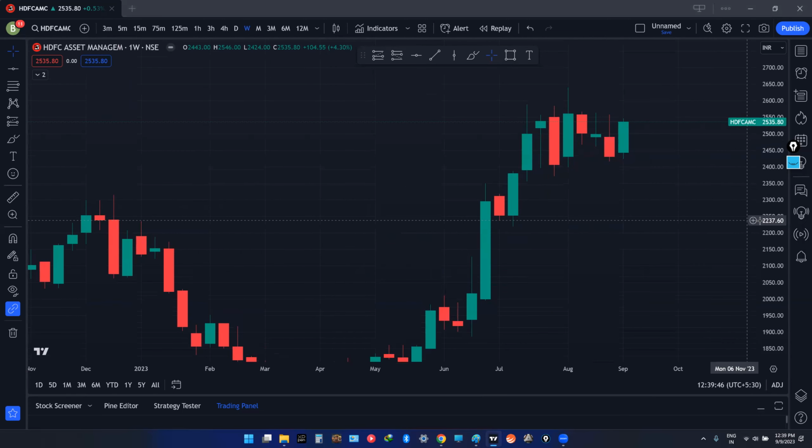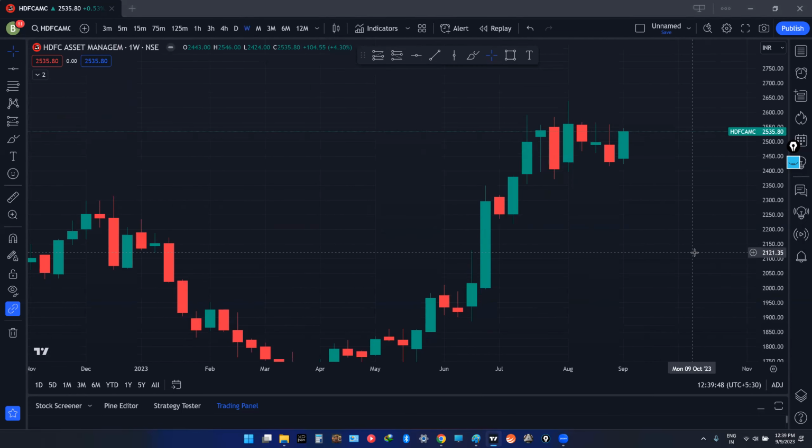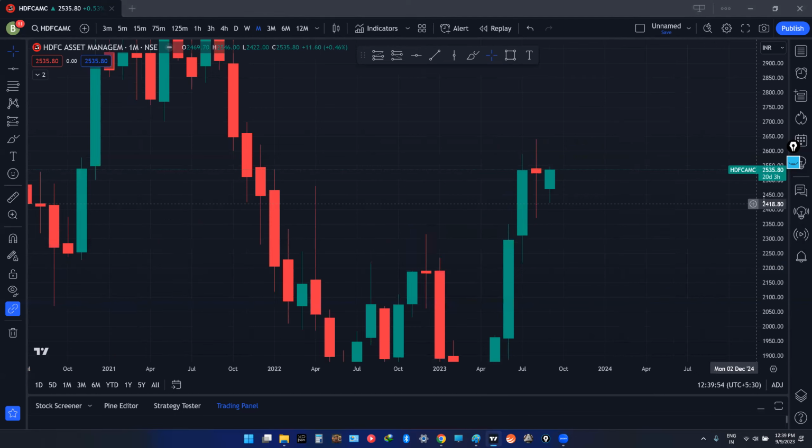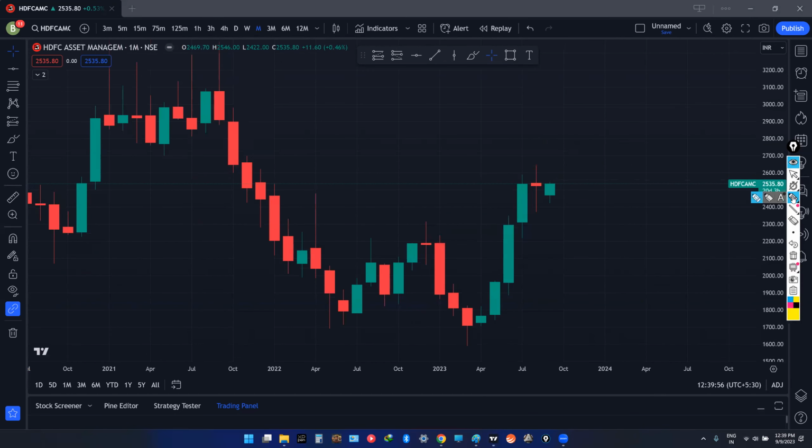So if I go to weekly, now you see where people get confused. If I go to monthly, please listen to this very carefully. If I go to monthly, what is my expectation? I want a little bit of a deeper correction. Let's assume 2200.